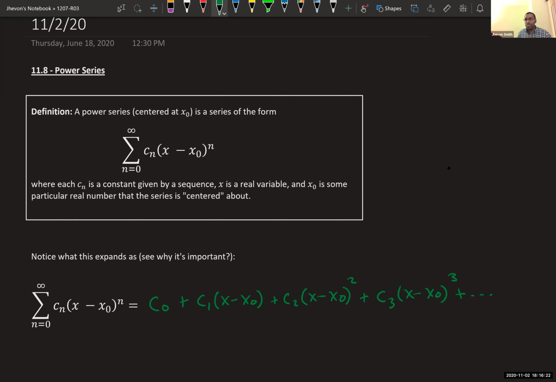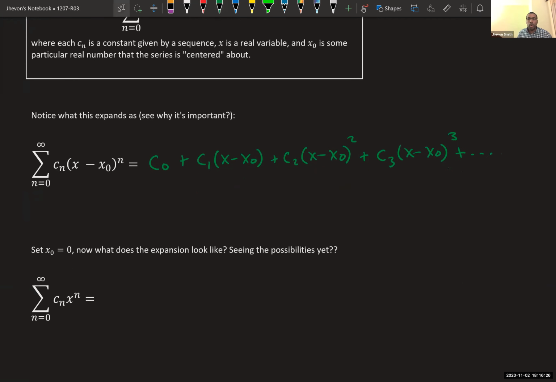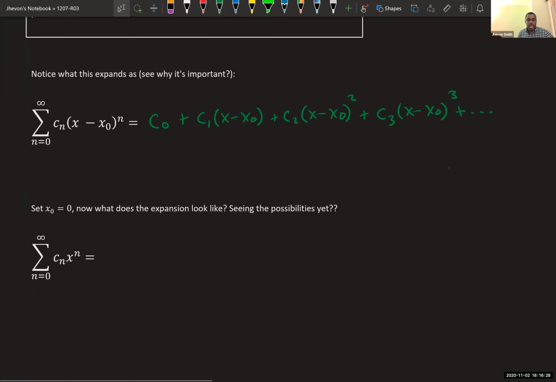Let me actually do another one, right? This one might be even more suggestive. Let's suppose the specific constant that I'm picking is x naught equals 0, okay? So let's look at a very specific x naught. This would be the power series for x naught equals 0, because it's x minus 0 all to the n. If I start writing out terms of that, what would that look like?